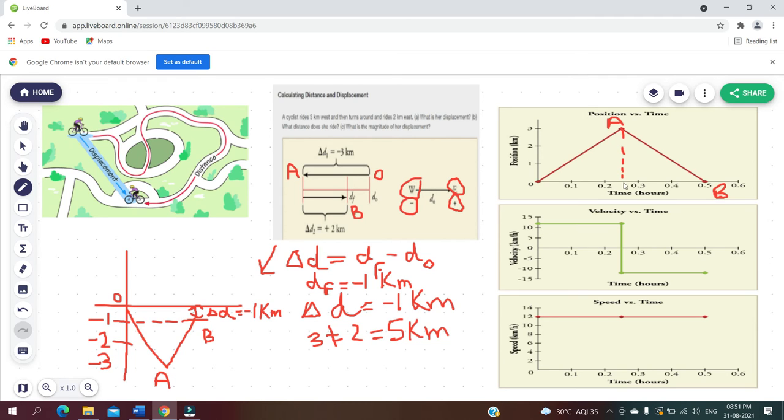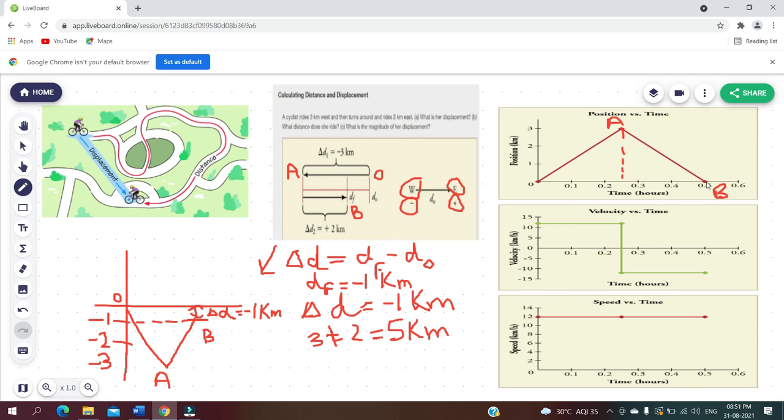Now over the interval 0.25 to 0.5, as the object has started traveling in the reverse direction, displacement is negative, so velocity will also become negative. Velocity will be equal to displacement, or change in position, over time.